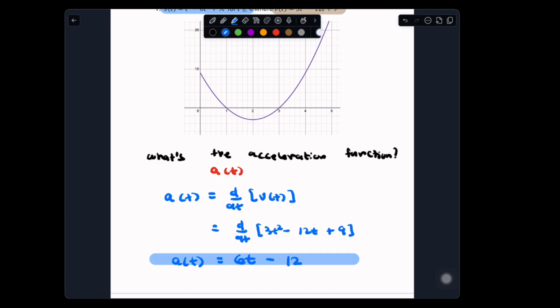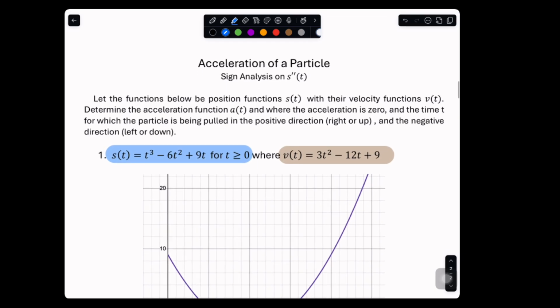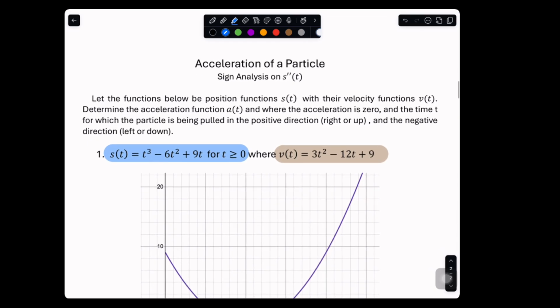Now we're going to have to think a little bit more about what this means. Let's take a look at what they're asking here. Determine the acceleration function A of t. Well, we did that. And where the acceleration is 0. We have to find where the acceleration is 0.